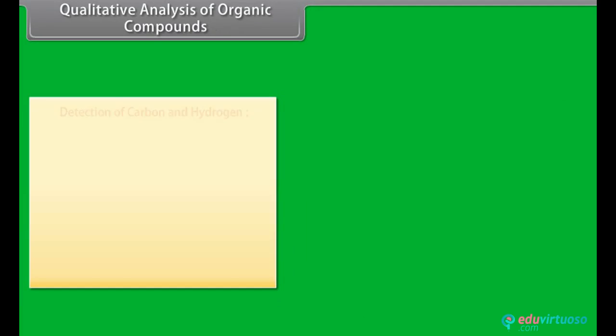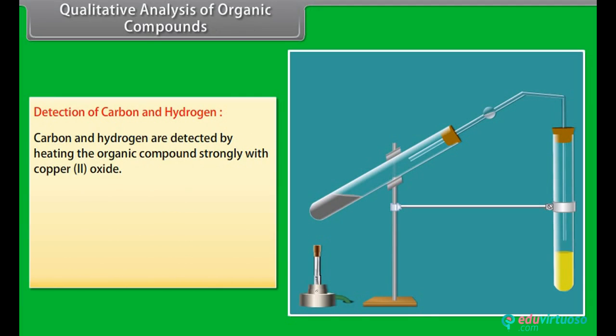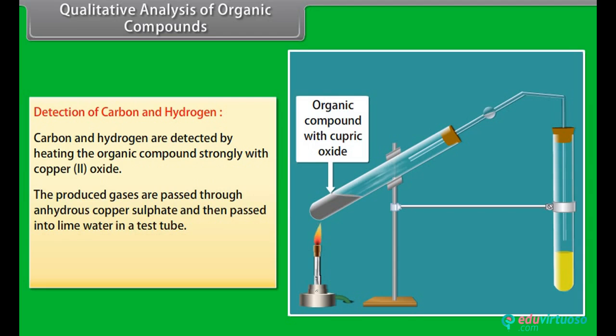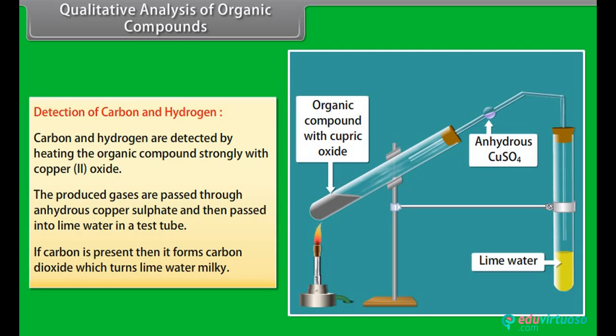Qualitative analysis of organic compounds. Detection of carbon and hydrogen. Carbon and hydrogen are detected by heating the organic compound strongly with copper-2 oxide. The produced gases are passed through anhydrous copper sulfate and then into lime water in a test tube. If carbon is present, it forms carbon dioxide, which turns the lime water milky.